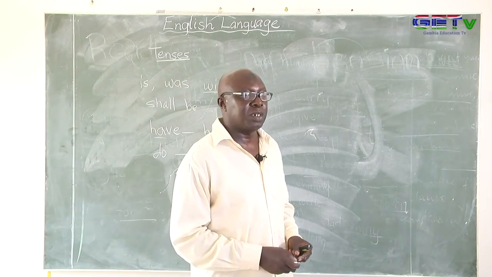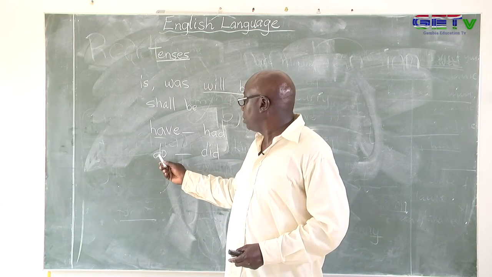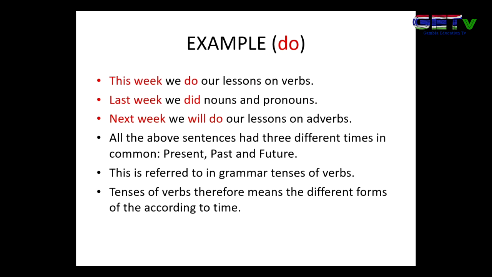Last week we did nouns and pronouns. So you see, do is now changing to did. Next week, we will do our lessons. Will do. Next week, we will do our lesson on adverbs.